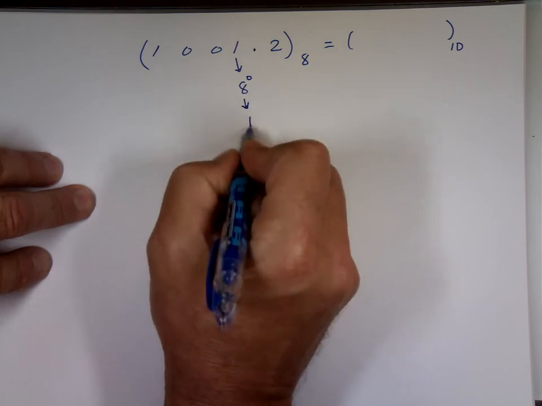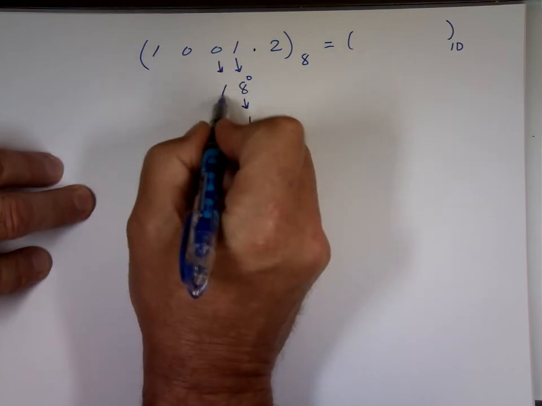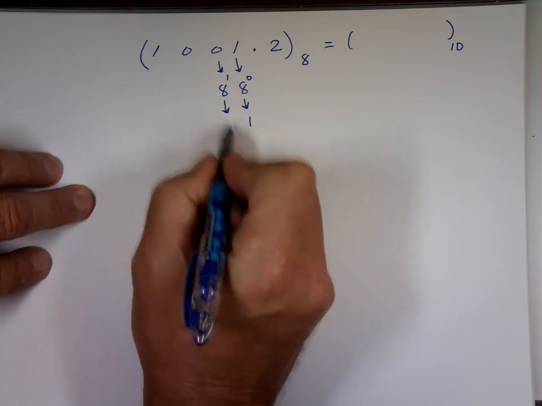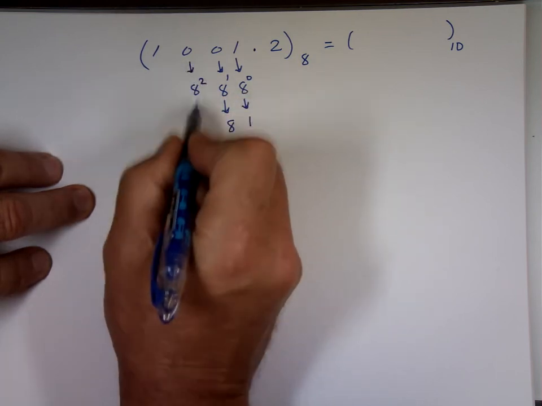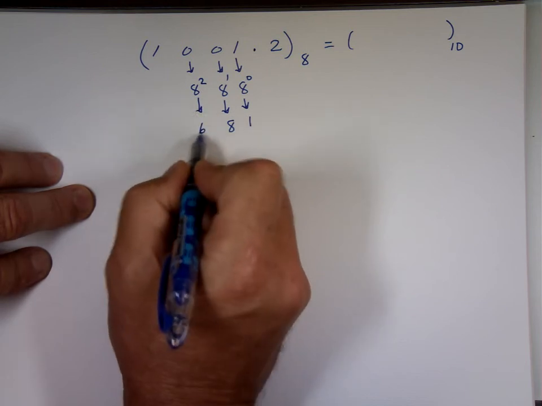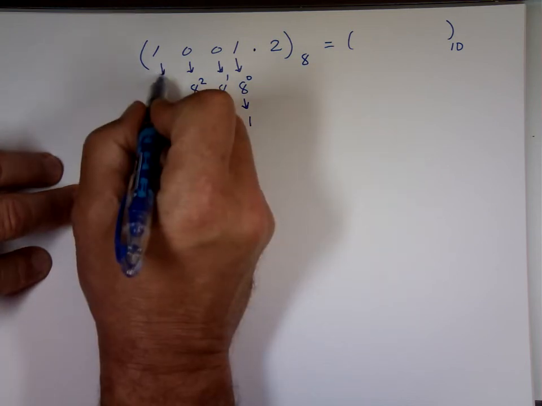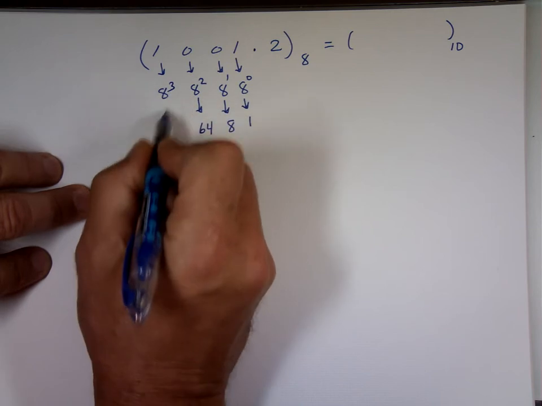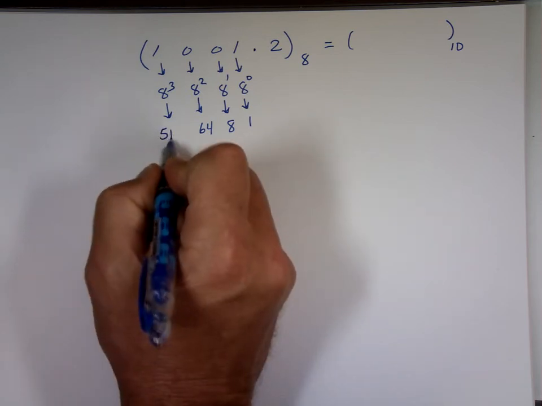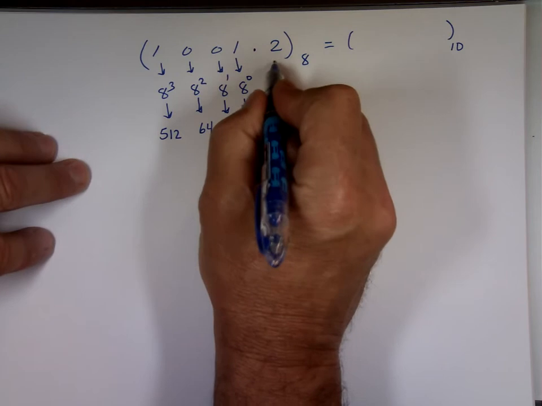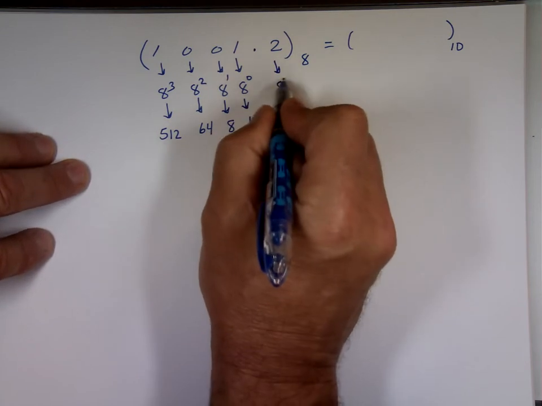This is 8 to the 1, 8. This is 8 to the second, 8 times 8, 64. This is 8 to the third. Is it 512? Yep, 512. And this one, 8 to what power? Negative 1, which is 1/8.